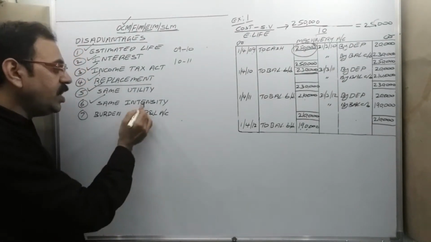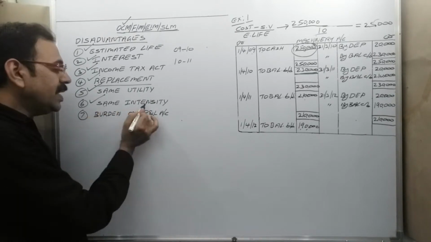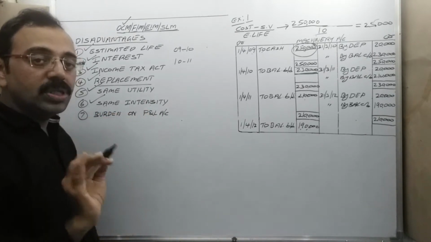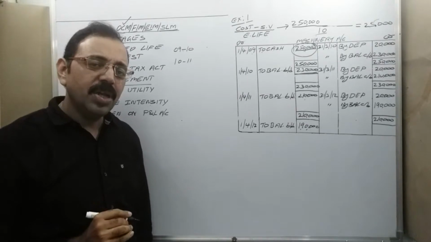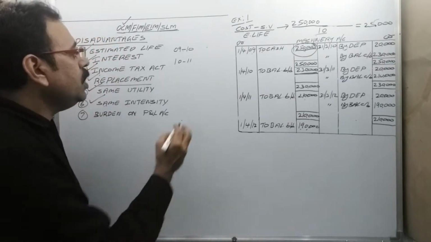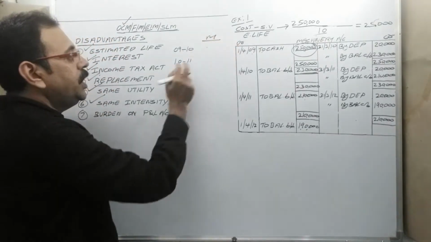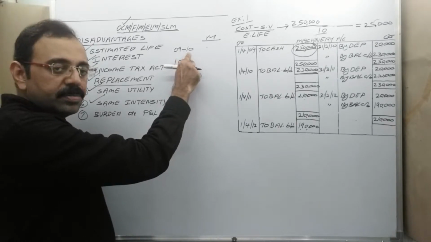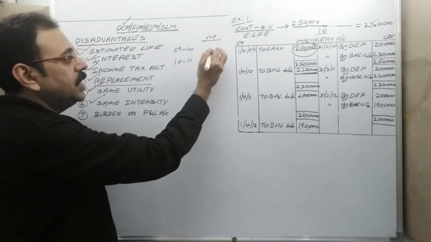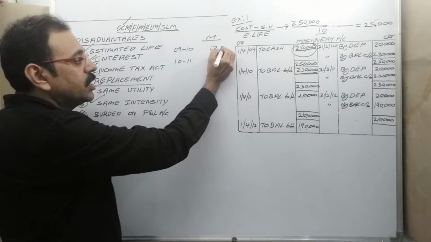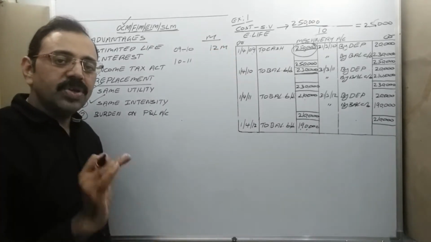That is, every year with the same intensity we use the asset. What is the meaning of this? For example, in 2009 and 10, we used this asset for full year. For 12 months we used it.